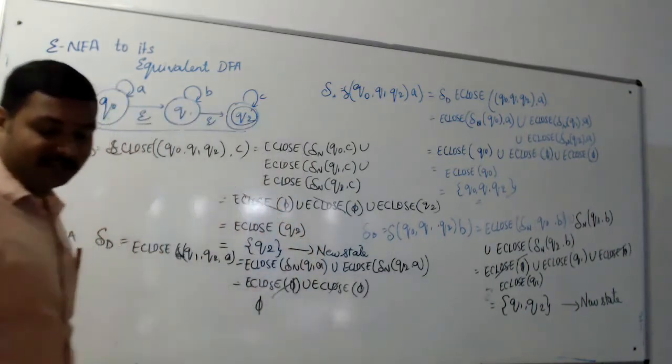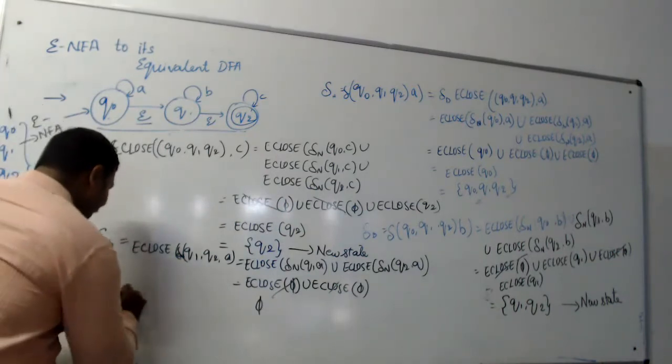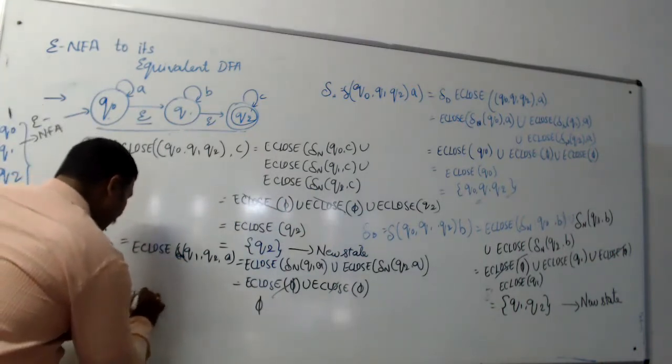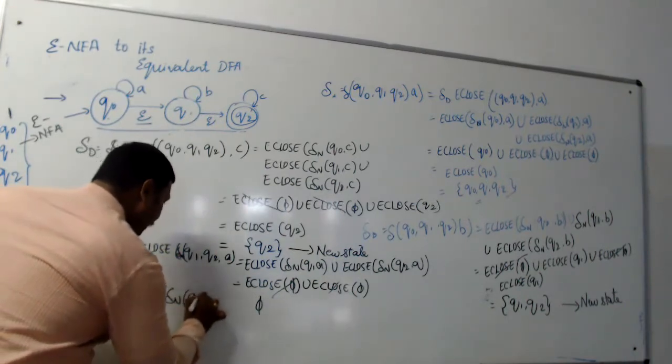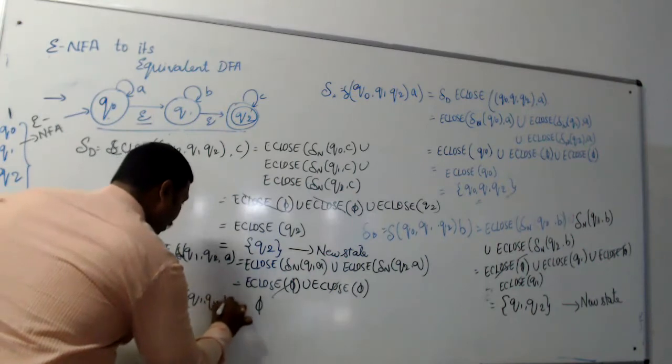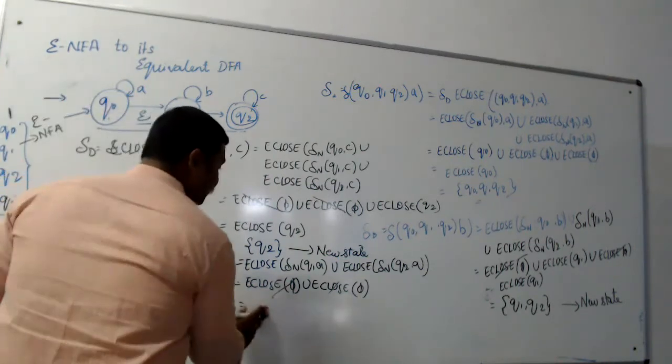So null is a dead state. You need not worry about the null. Similarly, E close of transition of NFA Q1, Q2 on B. So for Q1, Q2 on B, you will get the resultant value.